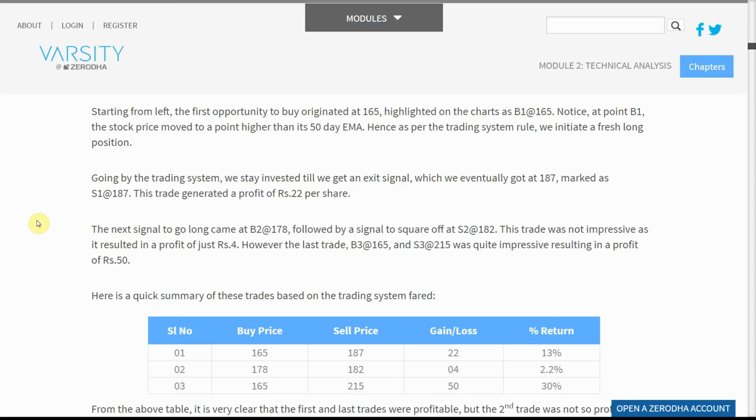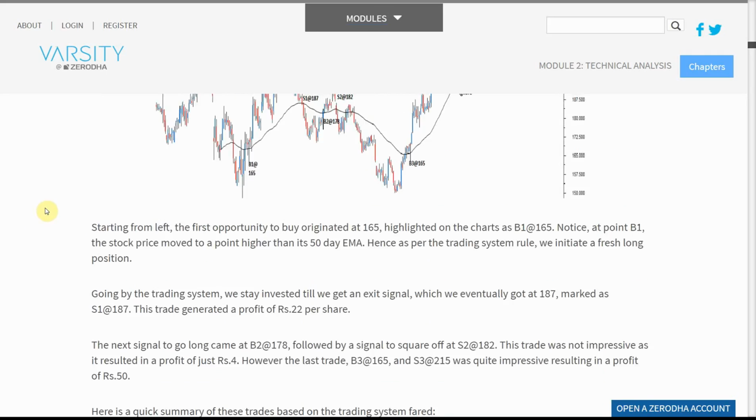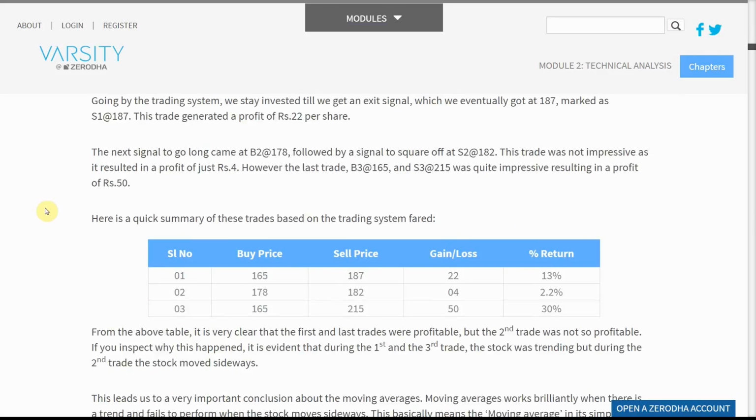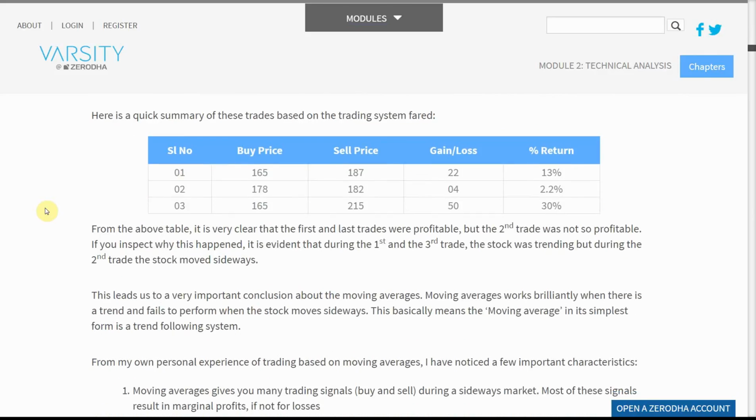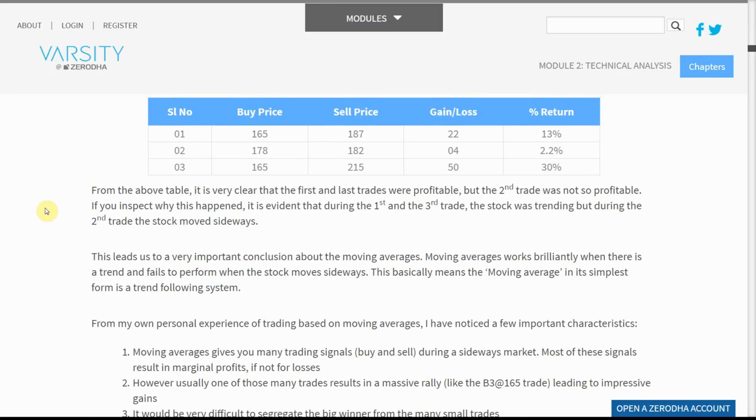Here is a quick summary of how these trades fared based on the trading system. Serial number, buy price, sell price, gain/loss, percent return: 01, 165, 187, 22, 13%; 02, 178, 182, 04, 2.2%; 03, 165, 215, 50, 30%.